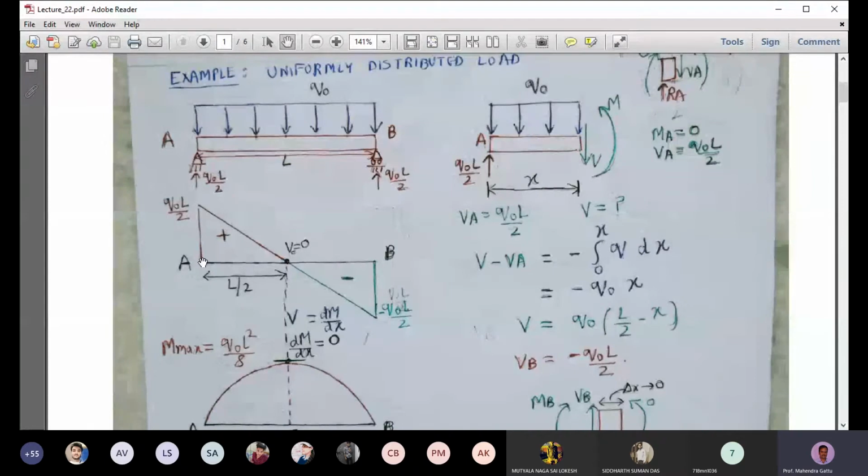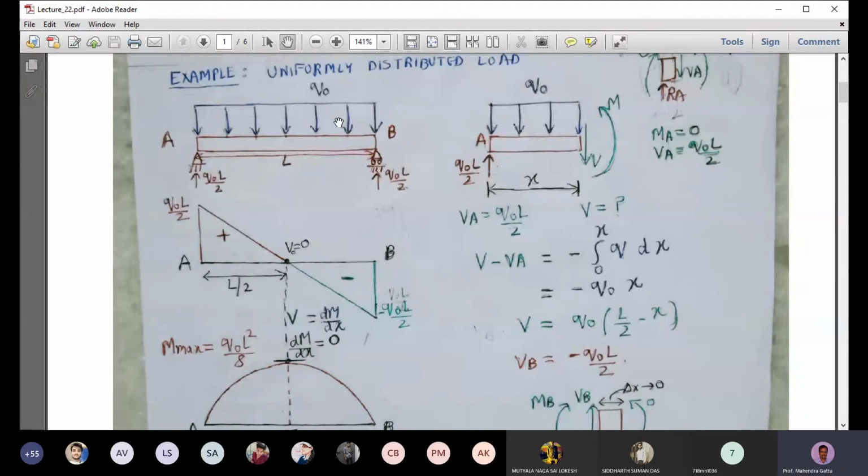So how to draw the diagram? At A it is plus Q naught L by 2, and at B it is minus Q naught L by 2. And here Q is a constant. So we have the relation dV by dx is equal to minus Q naught. So the slope of the shear force diagram is equal to the negative of the applied distributed load.